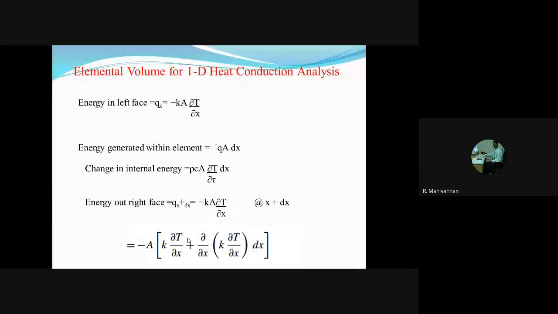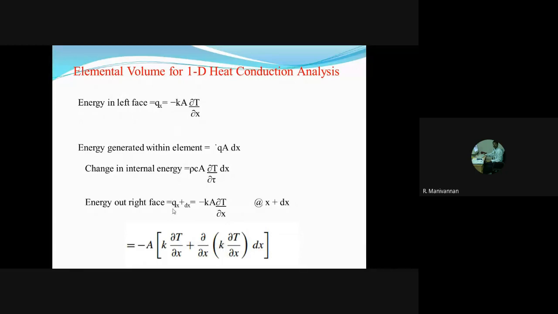This is the first term, this is the second term. Here we are assuming that k is not a constant, that is why it is inside the differential itself. So now all the four terms required for the balance are ready.